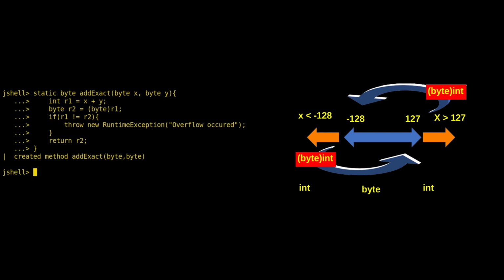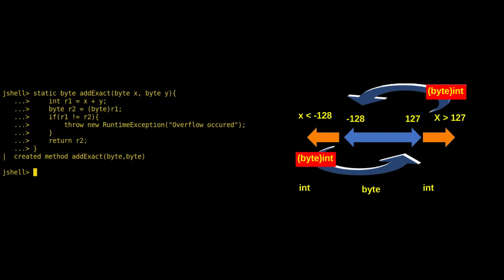As you can see on the sketch on the right, the blue, the negative 128 and the positive 127, that's the range of your byte. And you know when it goes over that, it will overflow. Now we know that when an int is larger or smaller than the allowable byte, we have to cast it, and there can be a loss in conversion. In other words, it overflows, as I'm showing there in the red block. When we take an int and we cast it to a byte and that int is too big, it will wrap around, so an overflow has occurred.